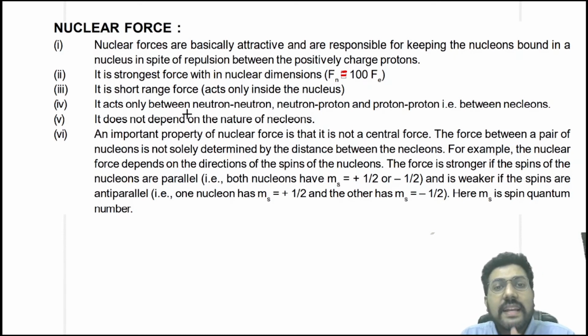That means it does not depend on charge, because neutrons are chargeless. So the nuclear force does not depend on charge. In fact, it is the same between a neutron and a neutron, between a proton and a proton, and between a neutron and a proton.